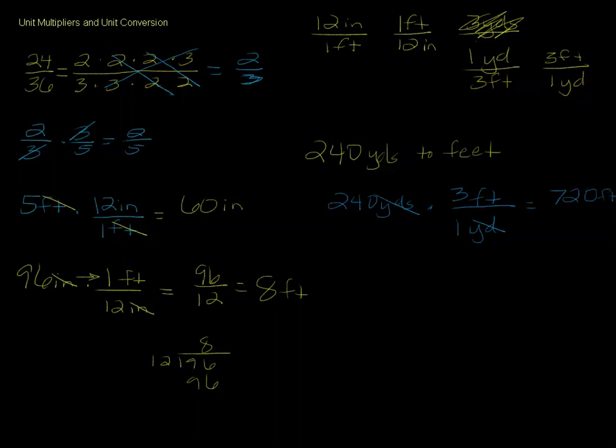Now, how about you try this one? 240 feet to yards. See if you can figure this one out. So we have 240 feet on top. Now we're going to yards, so 1 yard goes on top, and 3 feet goes on bottom.